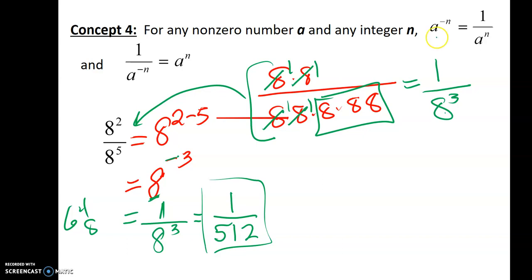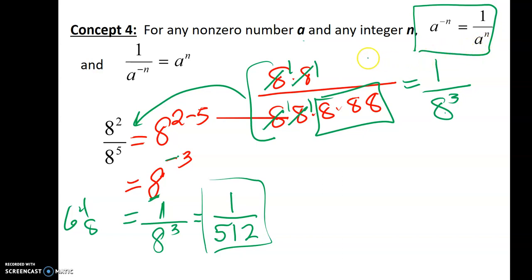So let's go up to our rule. It says here in our rule, for any non-zero number a and any integer n, that a to a negative power is equal to 1 over a to its positive power, which is what we saw happen with 1 over 8 to the third. Now, it's true for the inverse.